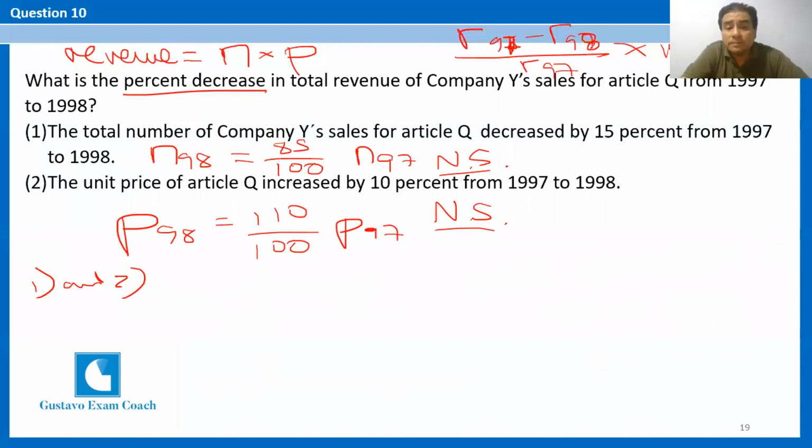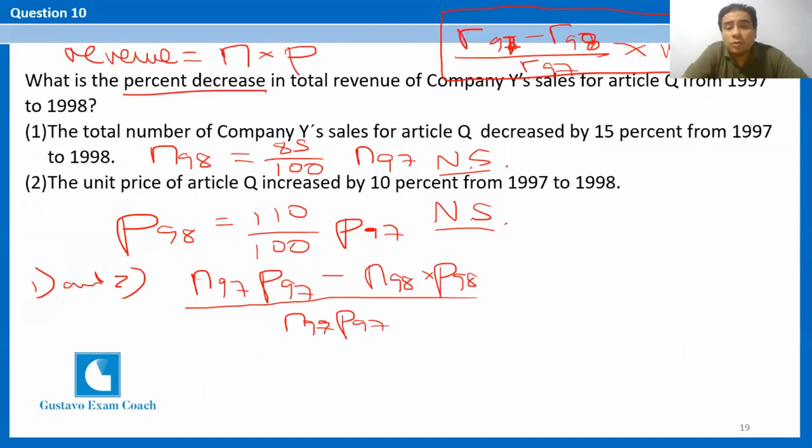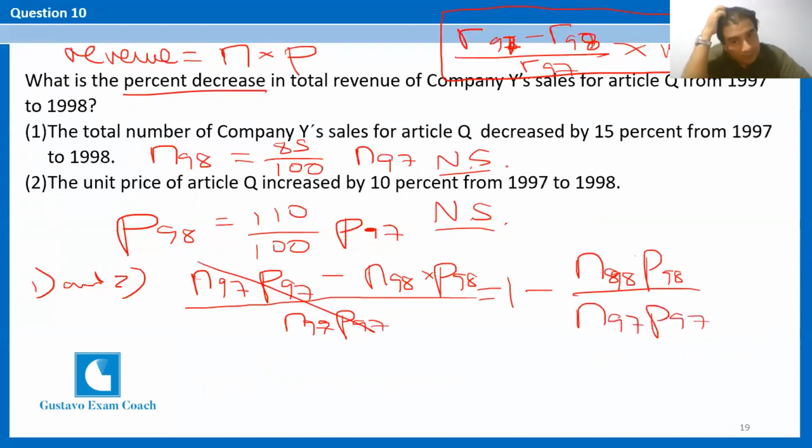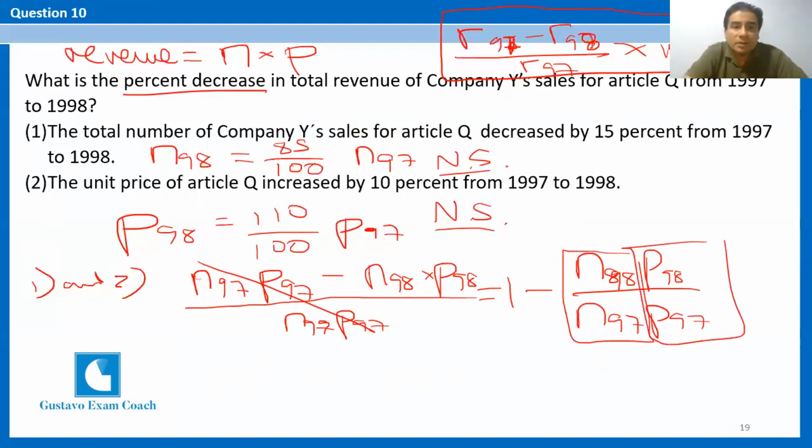Well, let's take a look. Actually, what is this expression on top? Well, you can just replace it by this, right? So you can see that this cancels, and each of these quotients you can easily get from this, right? Because the ratio between the two numbers of sales is just 85 over 100.